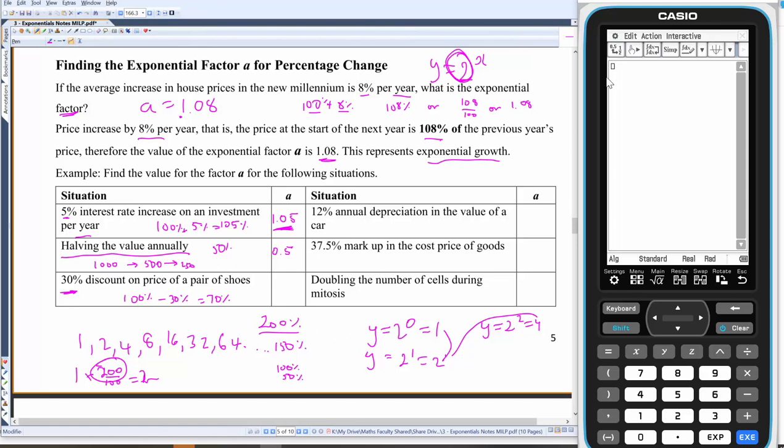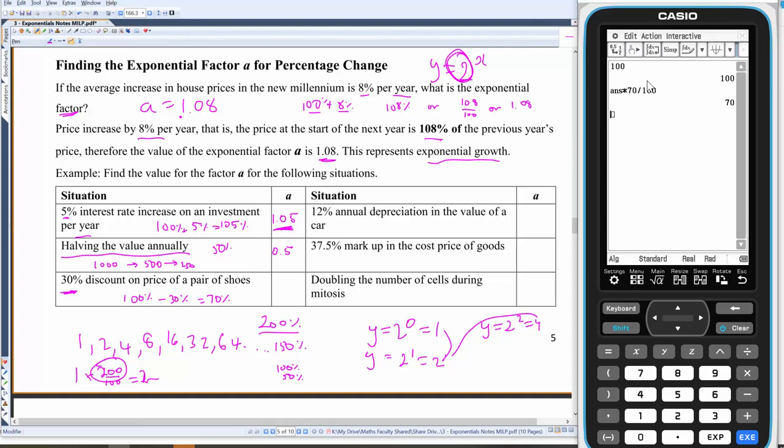So I'll just go over to the calculator to try and depict this, because this is one that students find a little complicated. So say, for argument's sake, I had a pair of shoes that were worth $100, okay? And what I wanted to do was to find out the price of the shoes after a 30% discount. Well, what I would do is multiply the 100 by 70 over 100. That is, it would have 70% of the previous value's price.